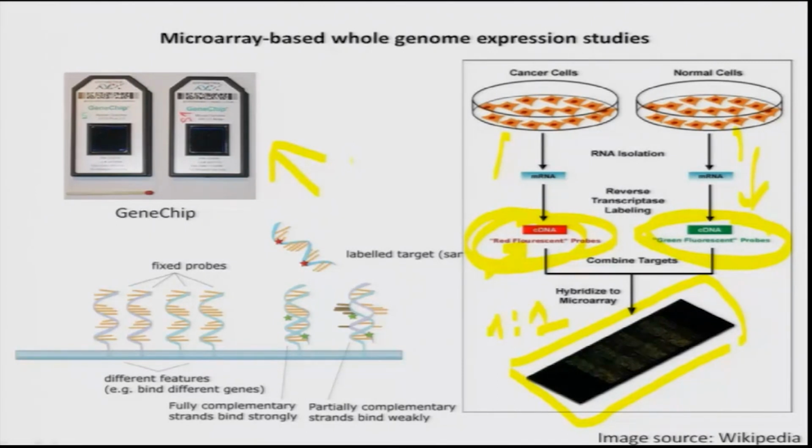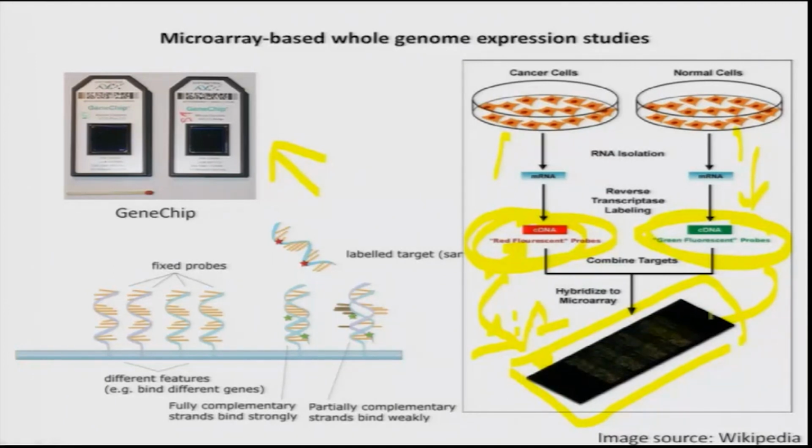If I have 10 copies of a given gene spotted on a chip, and if the expression of the gene is the same in both cancer and normal cell, then going by probability 5 copies of the gene will be bound by the cDNA derived from the normal cells, and 5 copies of the target sequence will be bound by the cDNA derived from your cancerous cell, right.